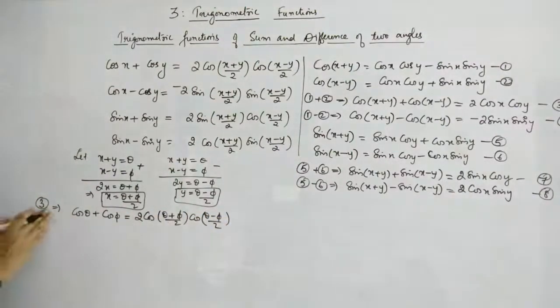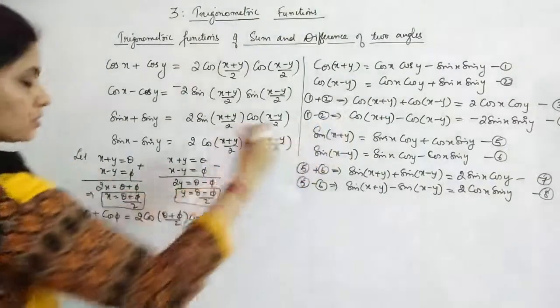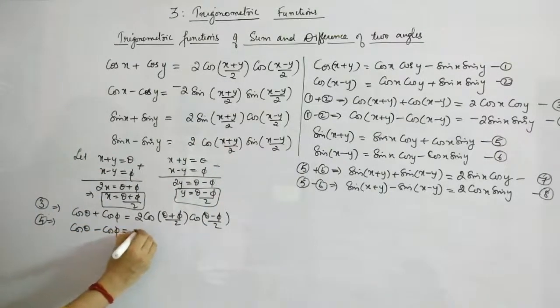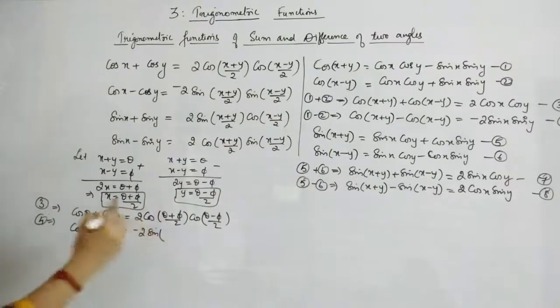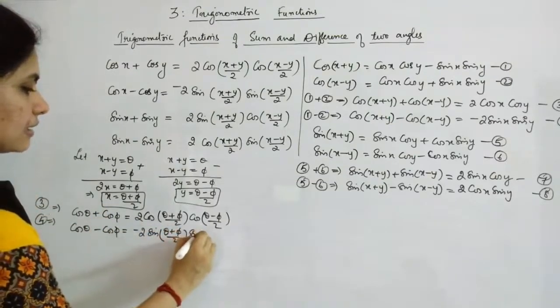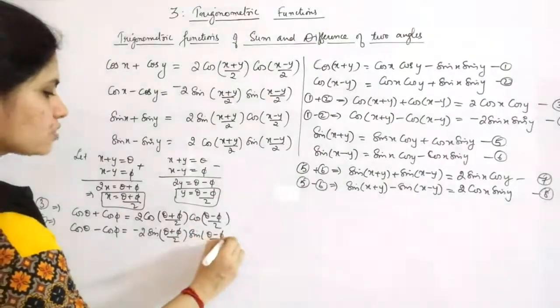Now equation 4 becomes cos theta minus cos phi is equal to minus 2 sine of (theta plus phi) by 2 times sine of (theta minus phi) by 2.